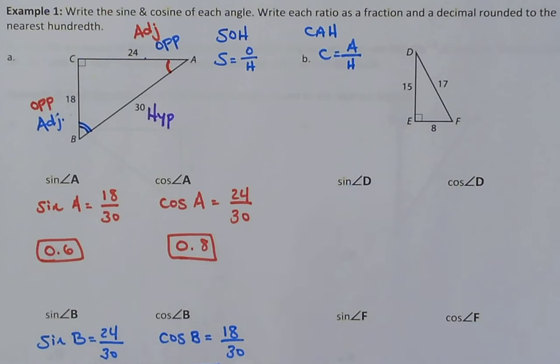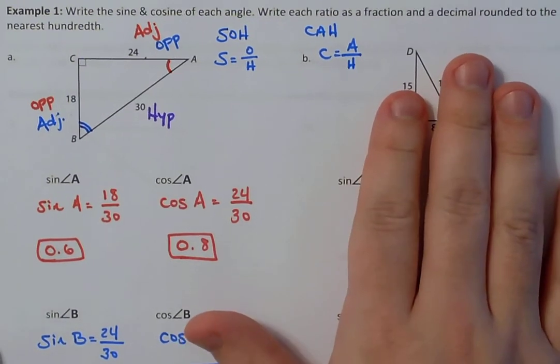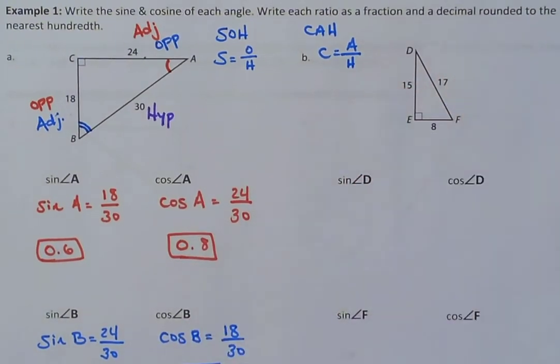Now, I'm going to leave part B if you want some extra practice on identifying your ratio and what your decimal should ultimately be. I will leave those for you to run through on your own. They are done on my completed notes if you would like some guidance.